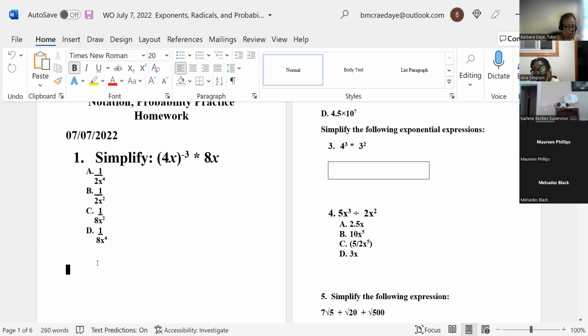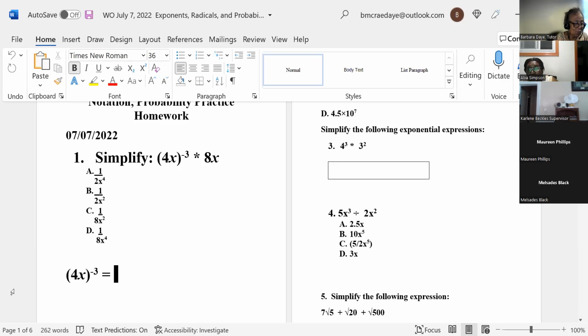I said negative, right? Maureen, you remember what I said about the negative exponents? Alba, do you remember? Think of something you always say. What do you say to do? You flip it. Yes, you flip it. Flip it and make it positive. Yes, flip the negative and make it positive.